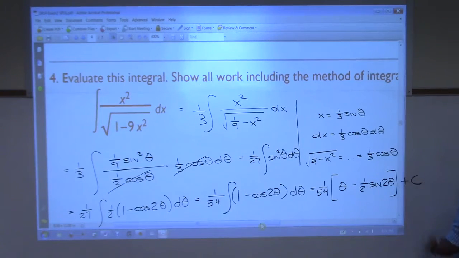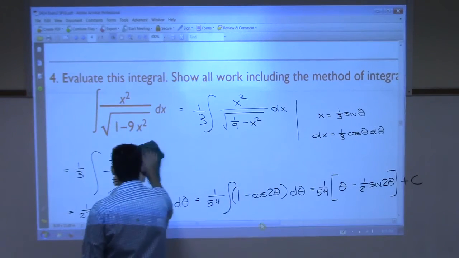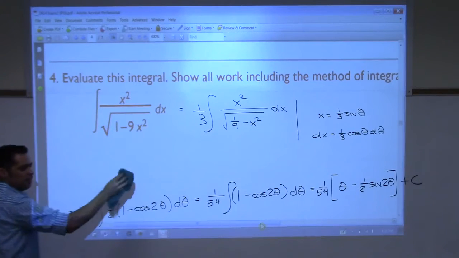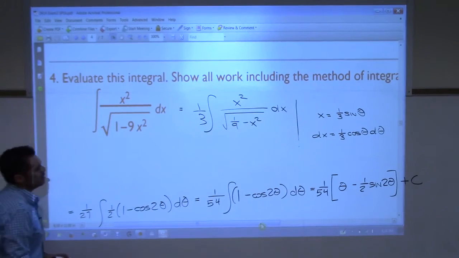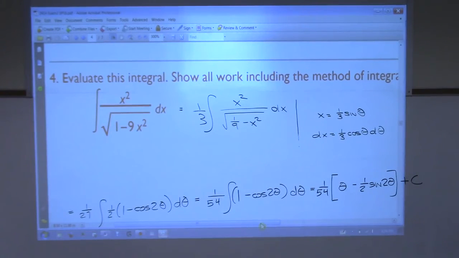Now we change it back. Let's distribute that 1/54th through. Do we have to distribute it first? You don't have to. No, absolutely not. You can leave the 1/54th out there. It's really up to you.